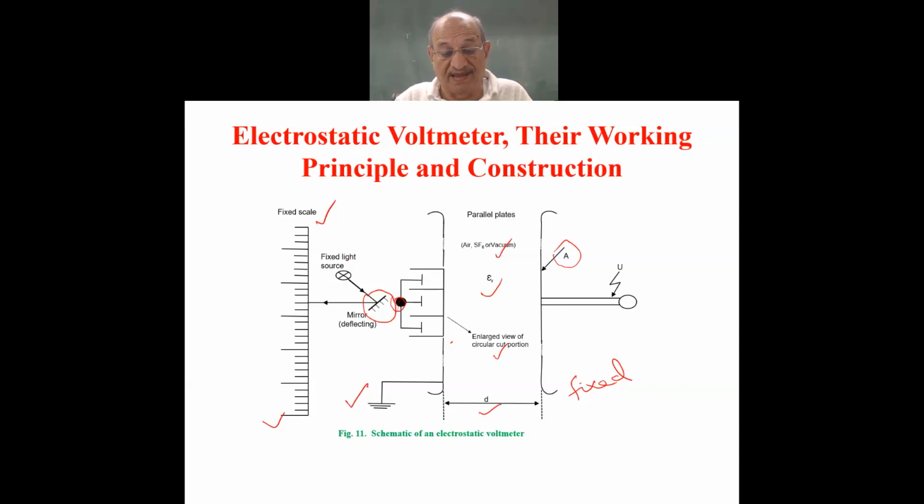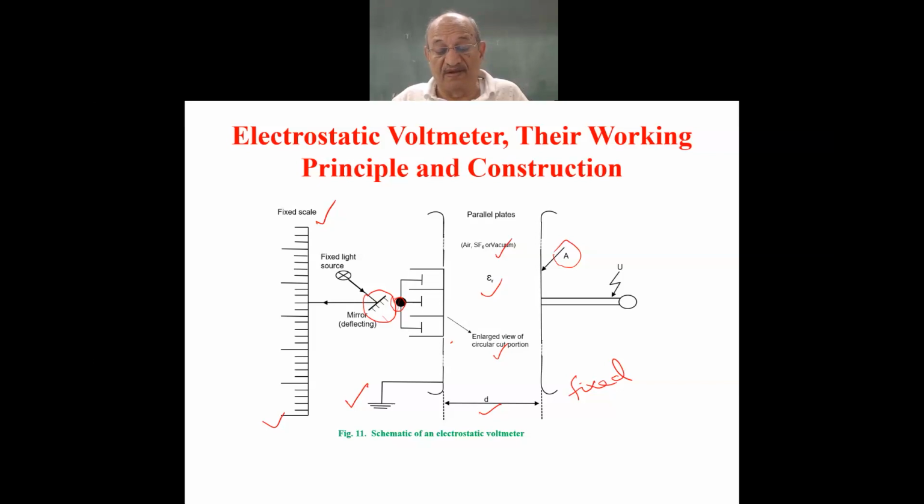Already you put the scale according to the range fixed, and then the force reflects the mirror, the floating mechanism. This, in the center, as you see, is a floating mechanism, and the floating mechanism rotates according to the magnitude of force experienced by that mechanism, and that reflects the light from the fixed source, reflects the magnitude of the voltage directly on the scale chosen.